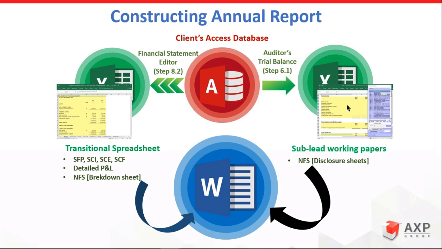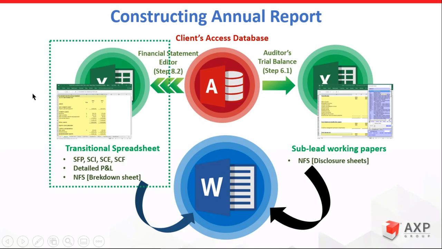Okay, so basically these are the two files that you will need to have before you create this annual report. Okay, of course, the transitional spreadsheet is generated from the software. So this transitional spreadsheet usually we won't save, except for when you are doing console. Why?